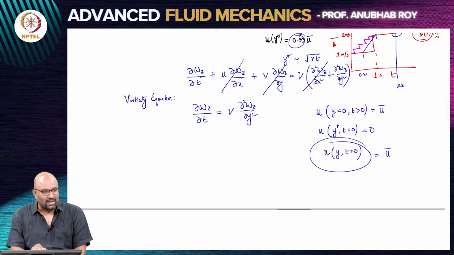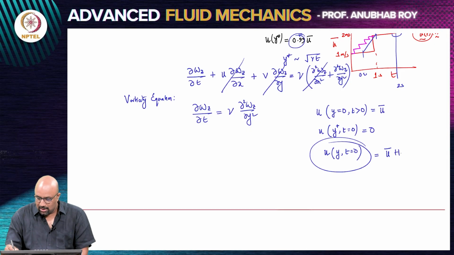So I want to give it as a mathematical expression which also includes the plate. So if I want to include the plate, then I will write it as a Heaviside function of minus y.